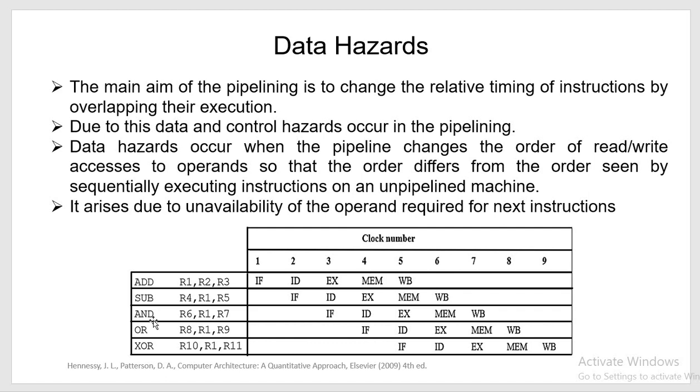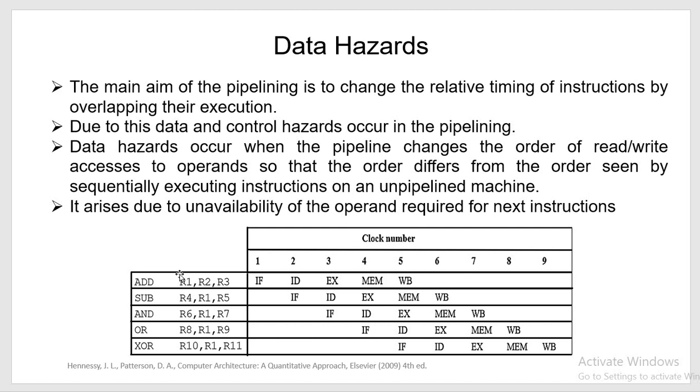But in the pipeline, smooth functioning will not happen, because the result of the first instruction has to be stored into R1, and whatever result is generated after the execution of the first instruction becomes the operand or input for the rest of the instructions.